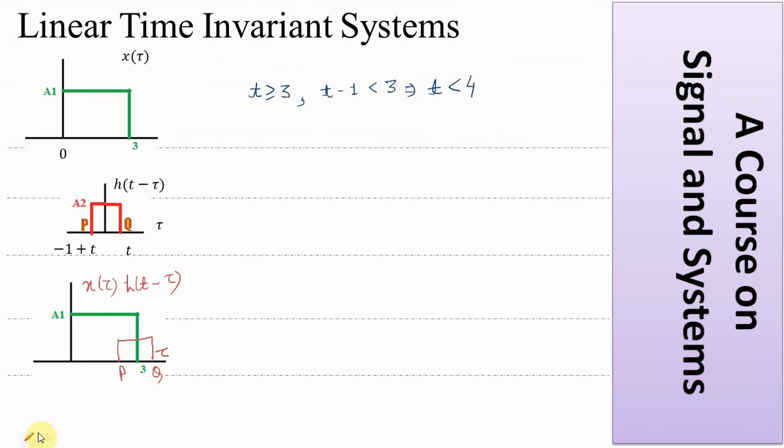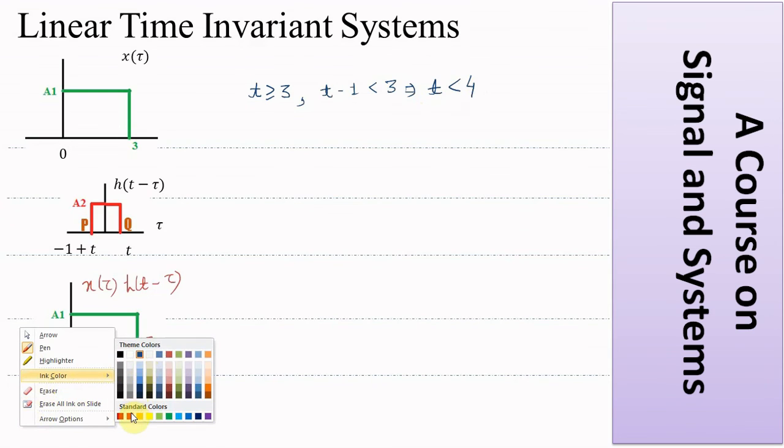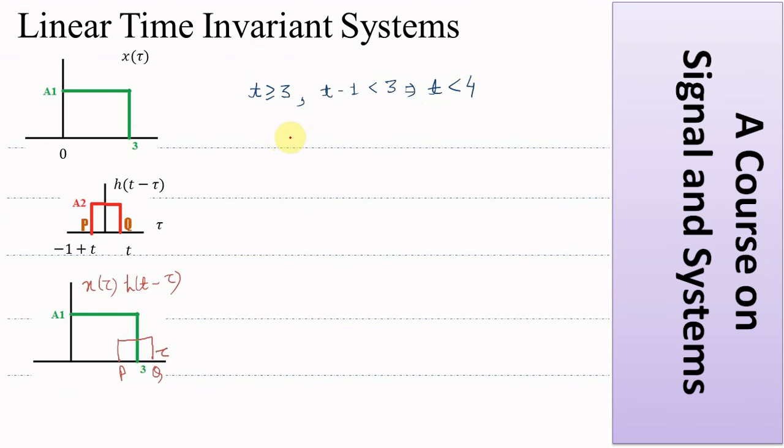So I can combine this and write that I'm taking up a case in which my t is starting at 3 and is behind 4.